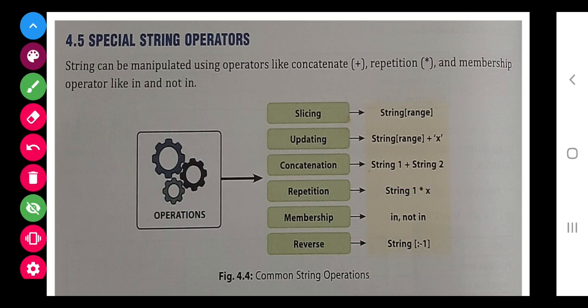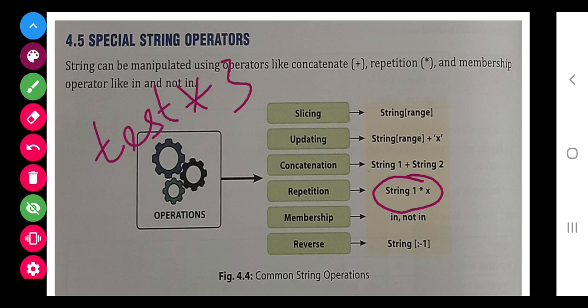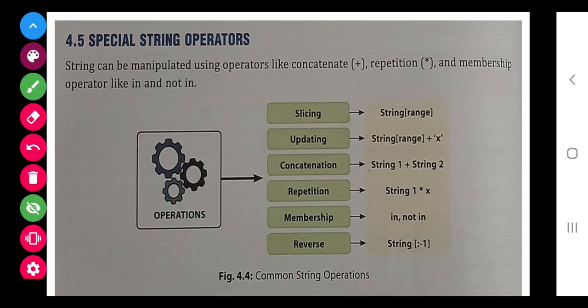This you will study. Next is repetition. Suppose I want a particular string 3 times. Last year also you have done. Like if it is test into 3, then test will get displayed 3 times. So that is multiplication, repetition. With the help of multiplication we can do this repetition.